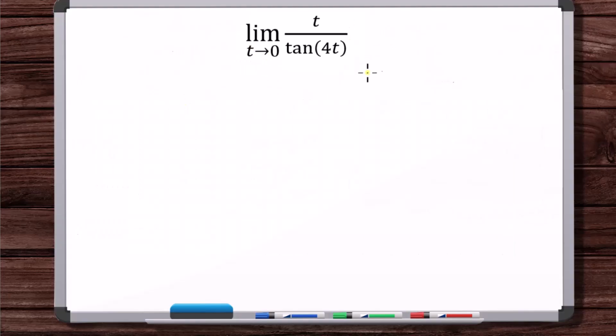The limit as t approaches 0 of t over tangent of 4t. So as t goes to 0, the numerator goes to 0, and tangent of 0 is 0. So we want to try and put this into a different form. We can start by changing tangent of 4t to sine of 4t over cosine of 4t.